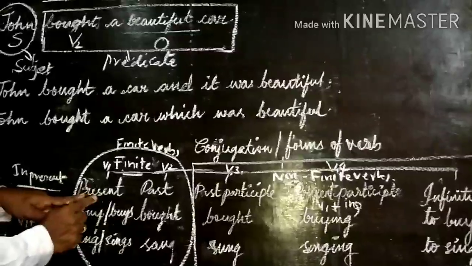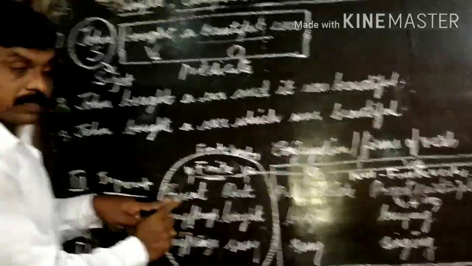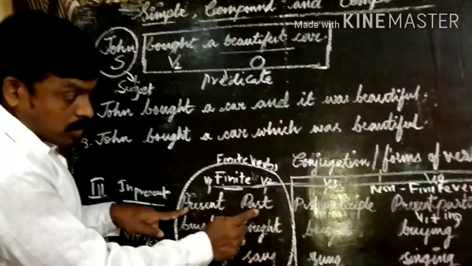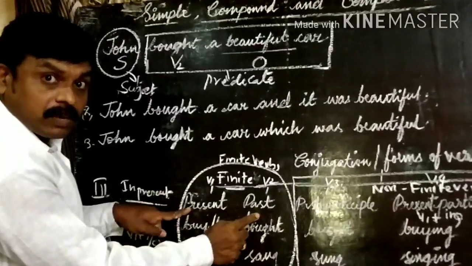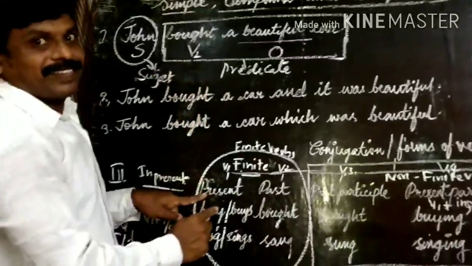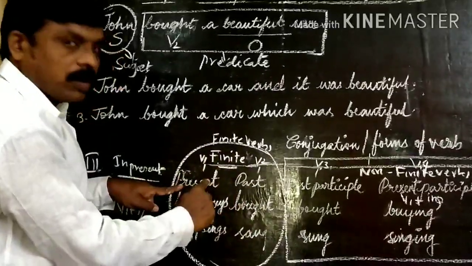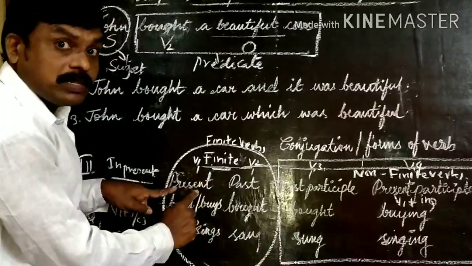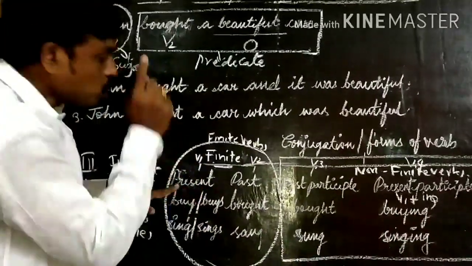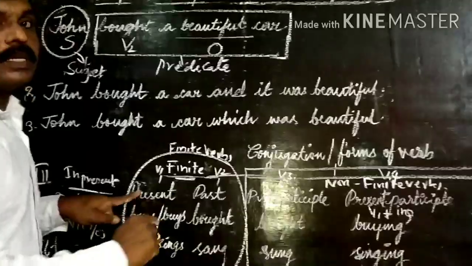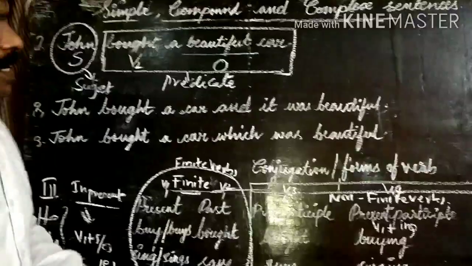Present means this verb tells present time. This form tells past time, the action of the past time. So these 2 forms of the verb denote the time, so these 2 forms are called finite verbs.